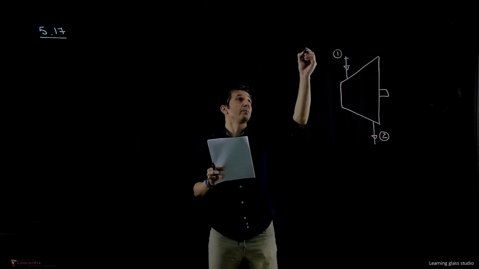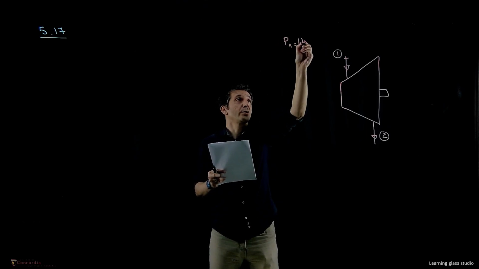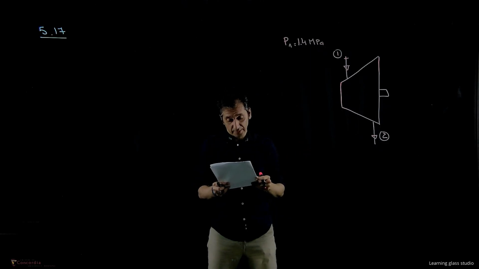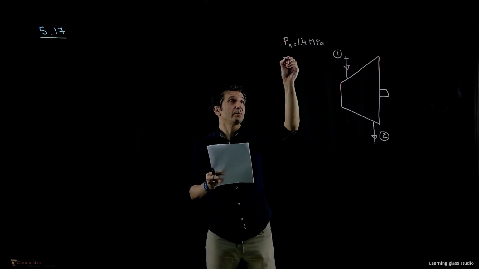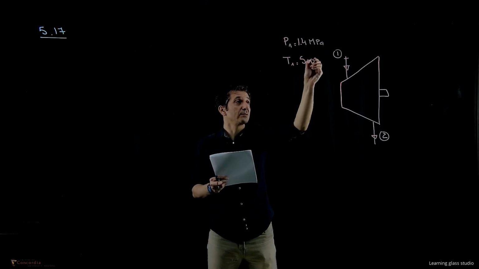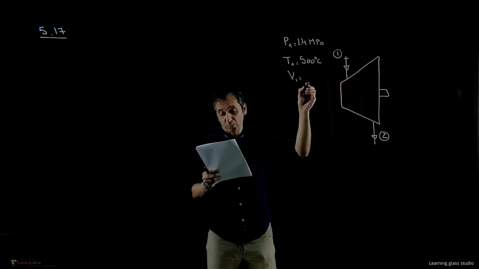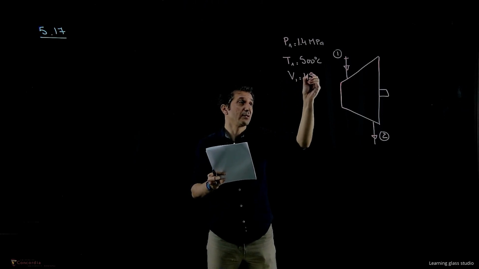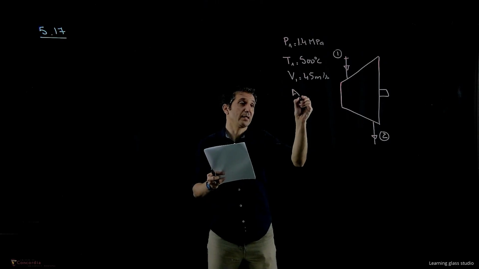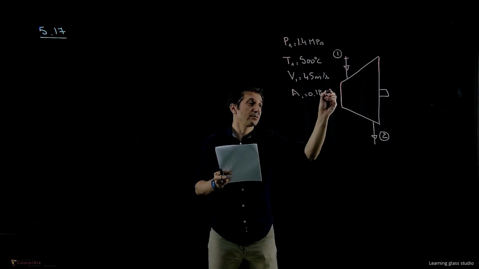We have the pressure P1 is equal to 1.4 megapascal or 1,400 kilopascal. We have the temperature T1 is equal 500 degrees C. We have the velocity V1 is equal 45 meters per second, and we know the area A1 is equal to 0.18 meters squared.